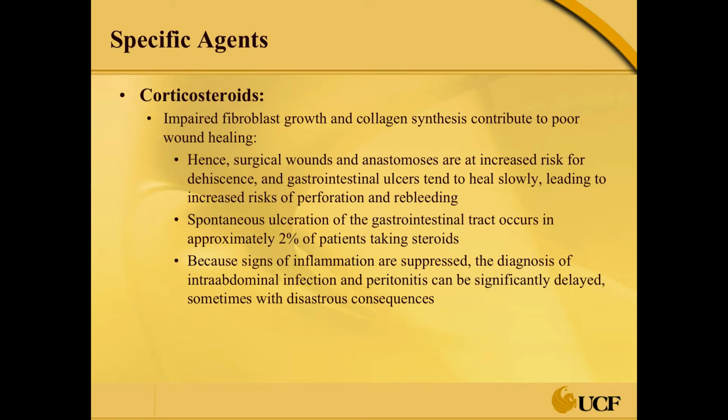Spontaneous ulceration of the gastrointestinal tract occurs in about 2% of patients taking steroids. And because signs of inflammation are suppressed, the diagnosis of intra-abdominal infections and peritonitis can be significantly delayed. Unfortunately, that can have disastrous consequences because we already know that the overall immune system is going to be suppressed as a result of all the various agents the patient has taken.